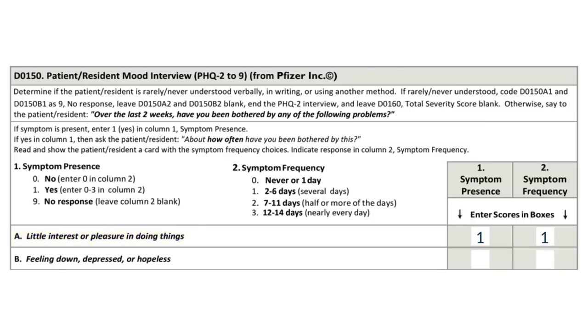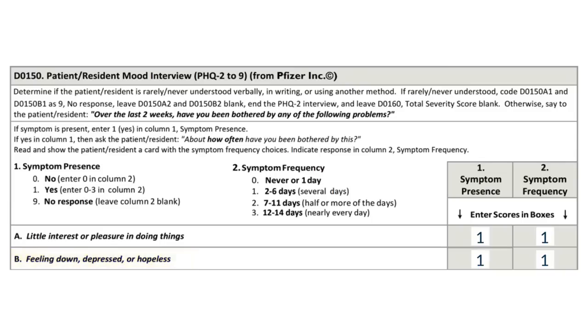The correct coding for symptom presence for D0150B1 is 1, yes. Mr. Mason explained that he was bothered by feelings of hopelessness. The correct coding for Mr. Mason's symptom frequency for D0150B2 is 2 to 6 days. Mr. Mason identified that he has only been bothered by his symptoms since his surgery, which was 3 days ago.